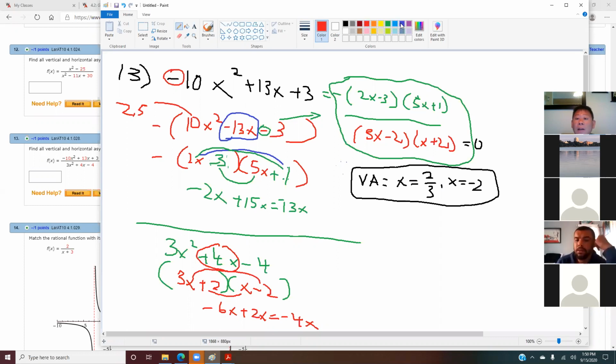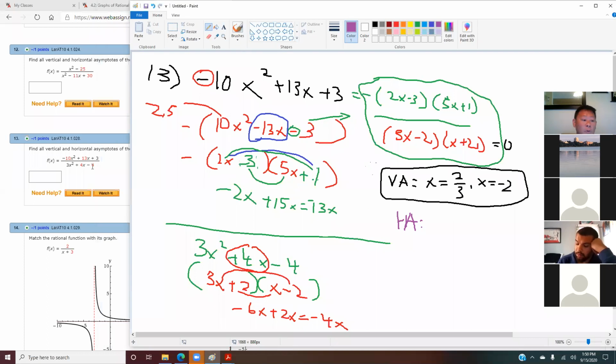Now we need to find your horizontal asymptote. You look at your powers. The good thing is to look at the original question because it's easy to figure out your power. So what power do we have on the top one? It has a power 2. What power do we have on the bottom one? Also power 2. And this is the same power.